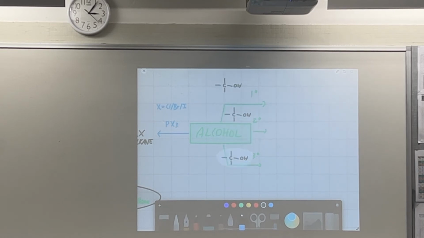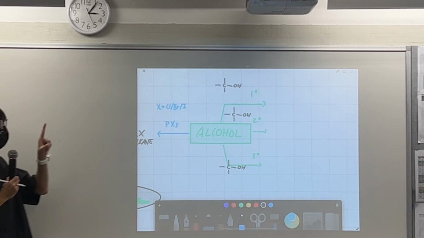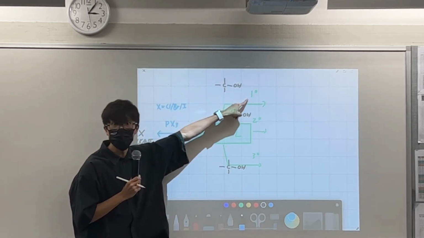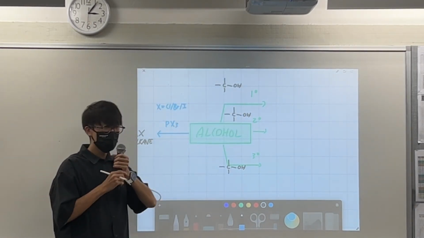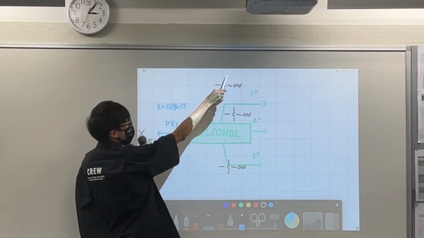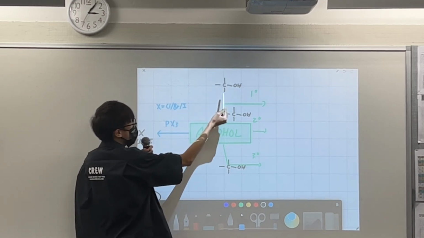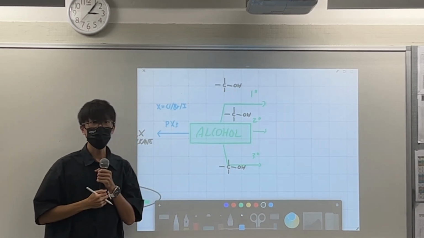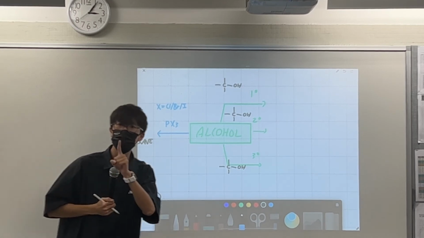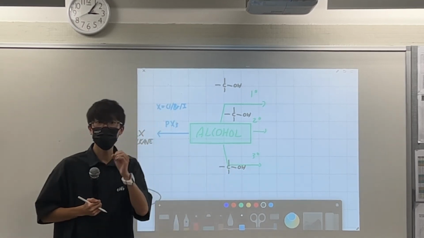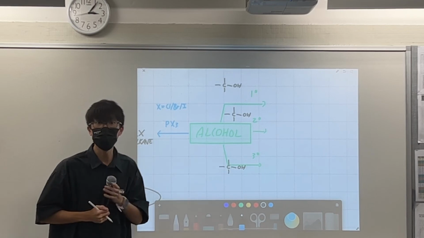Primary has 0 or 1 alkyl group. I repeat, having 0 alkyl group is also a primary alcohol. A lot of students, when they read H in the question, are immediately confused, because they remember that primary means 1 alkyl group. What about those with 0 alkyl group? They are still primary alcohol.